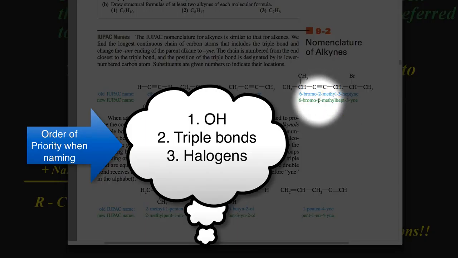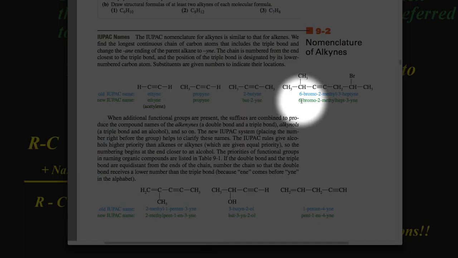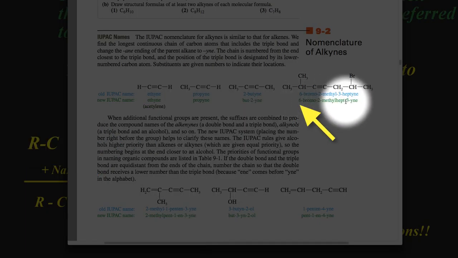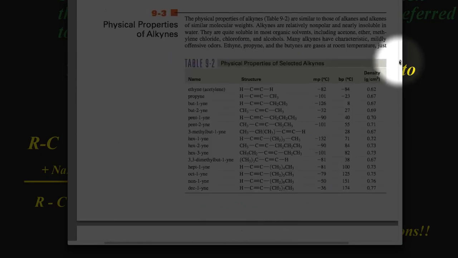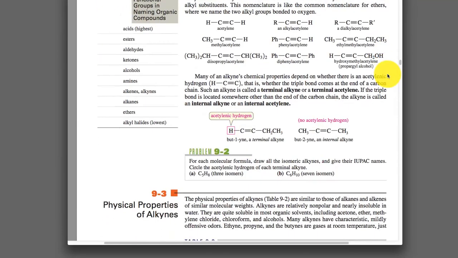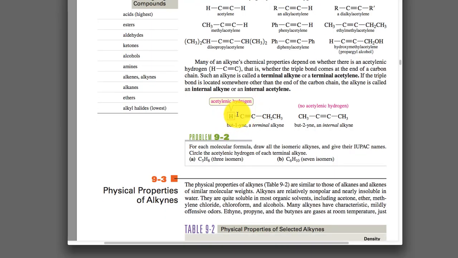So that's why halogens have a higher coefficient than the triple bond. Keep in mind the sum rule, where the sum of the direction you choose must be the smallest. That was the nomenclature.